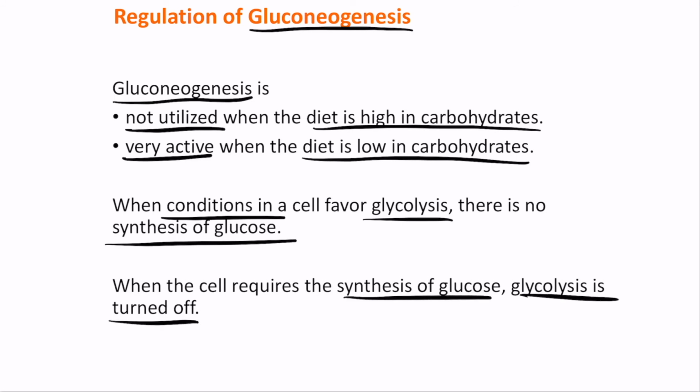Remember that one process is the opposite of the other. So when you want synthesis of glucose, your body undergoes gluconeogenesis and glycolysis is switched off. When your body is already high in carbohydrates, then glycolysis occurs and gluconeogenesis is turned off.